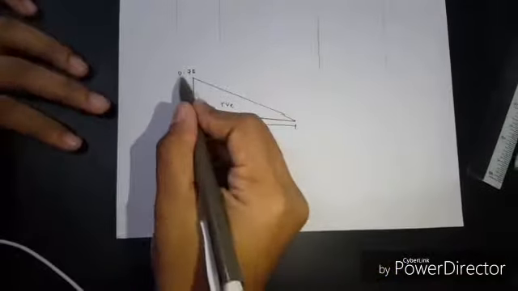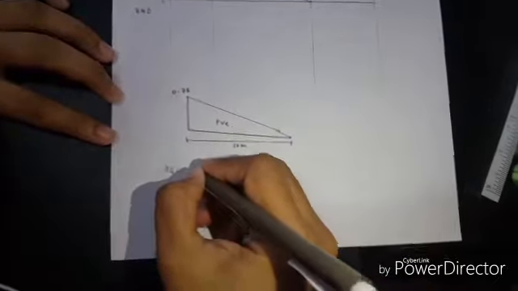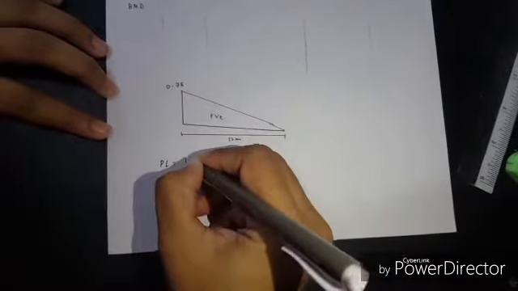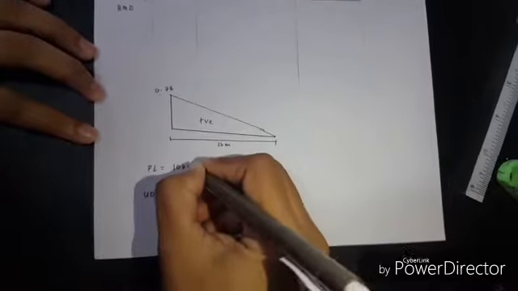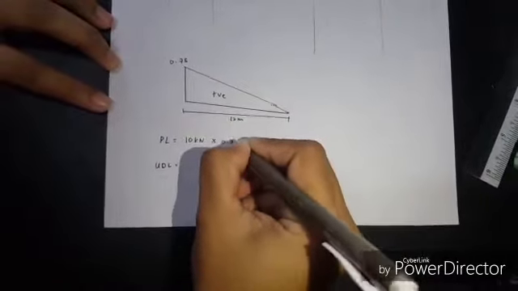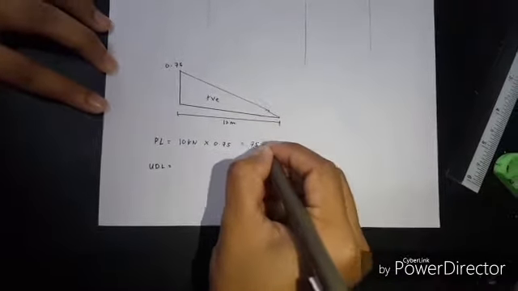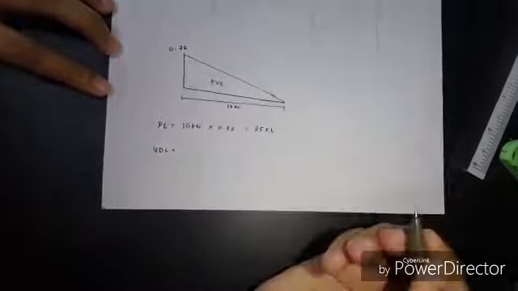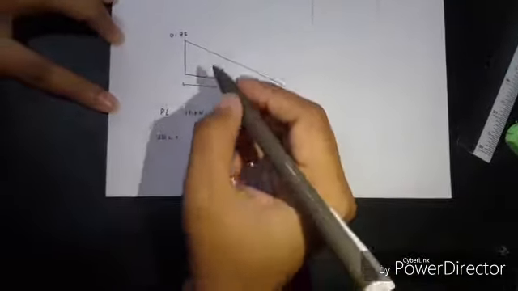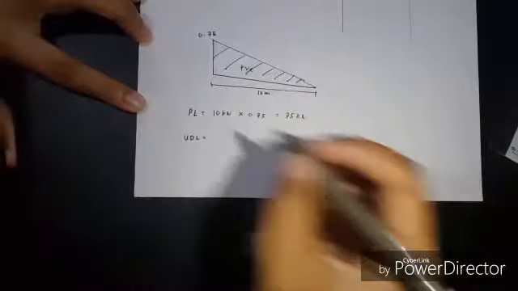The length is 0.75 for point load. From the question it is 10 kN. We multiply by 0.75, this one is equal to 75 kN. For UDL, we calculate the area times 4.